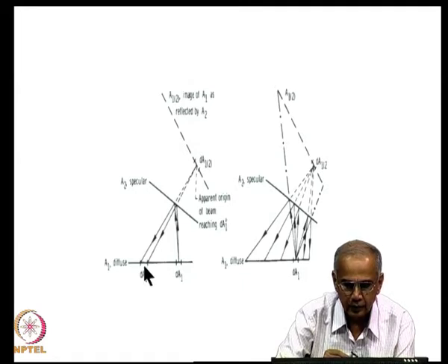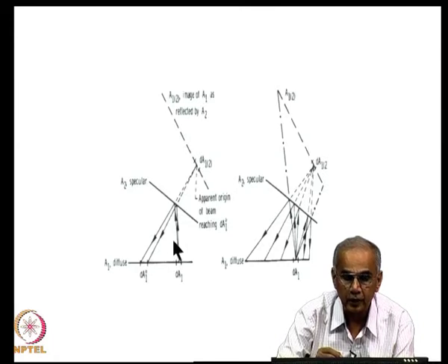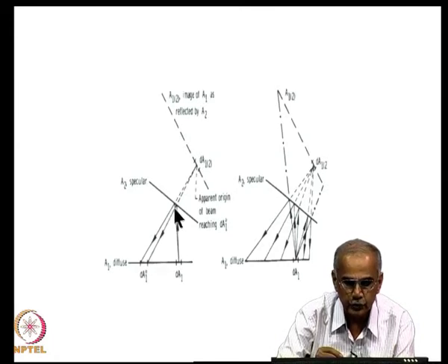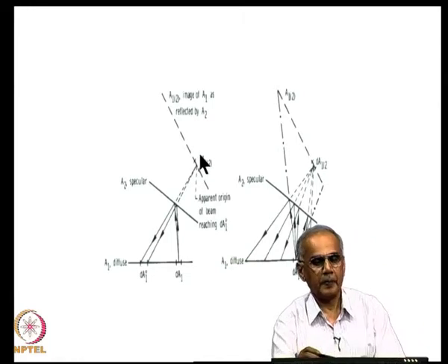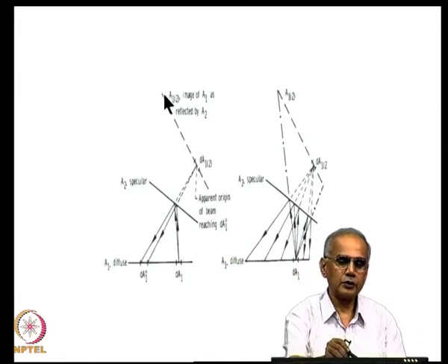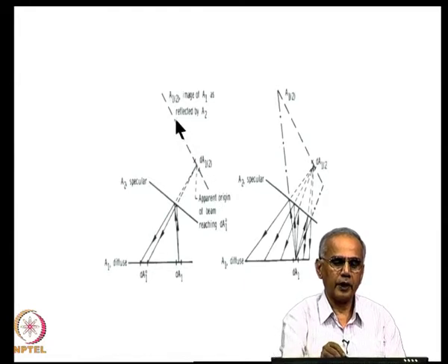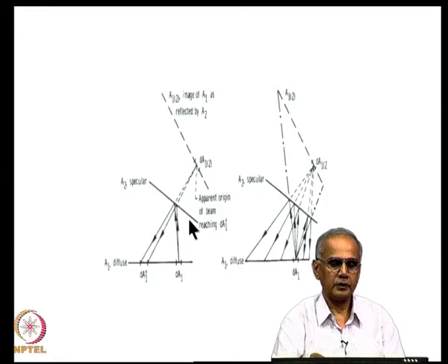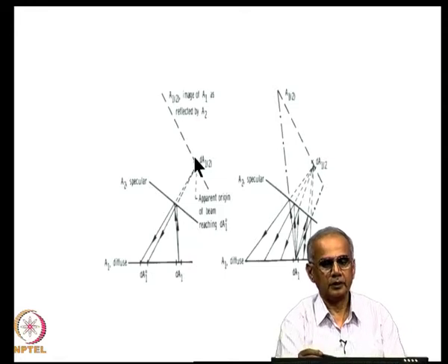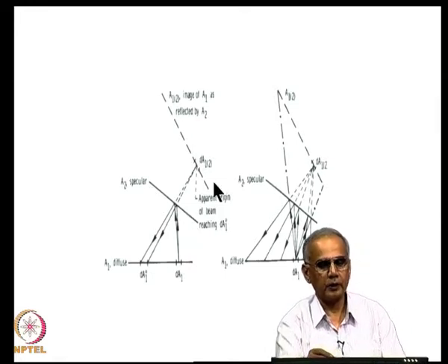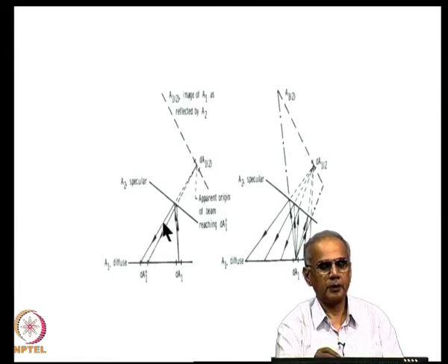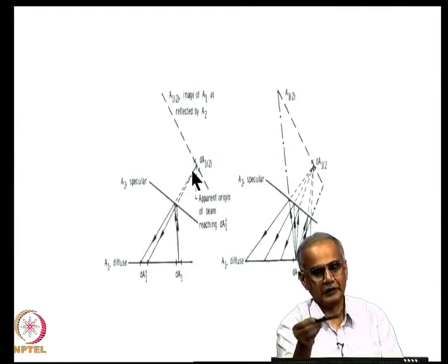So, although these rays are coming by specular reflection from surface 1, if you extrapolate these two rays, they seem to be coming from a diffuse emitter located exactly equidistant from this surface, like a mirror image. Okay. So, this mirror image of surface 1 seems to be the point from which these rays are emerging in a diffuse fashion.